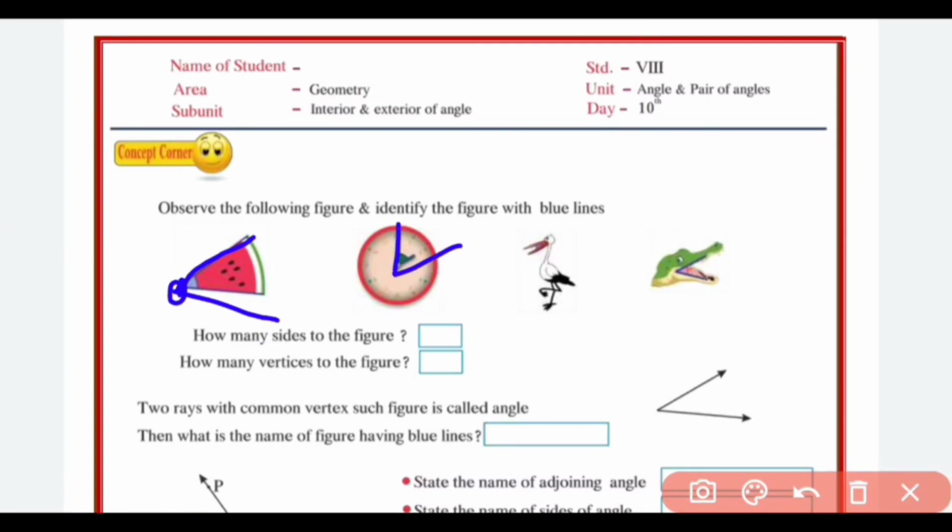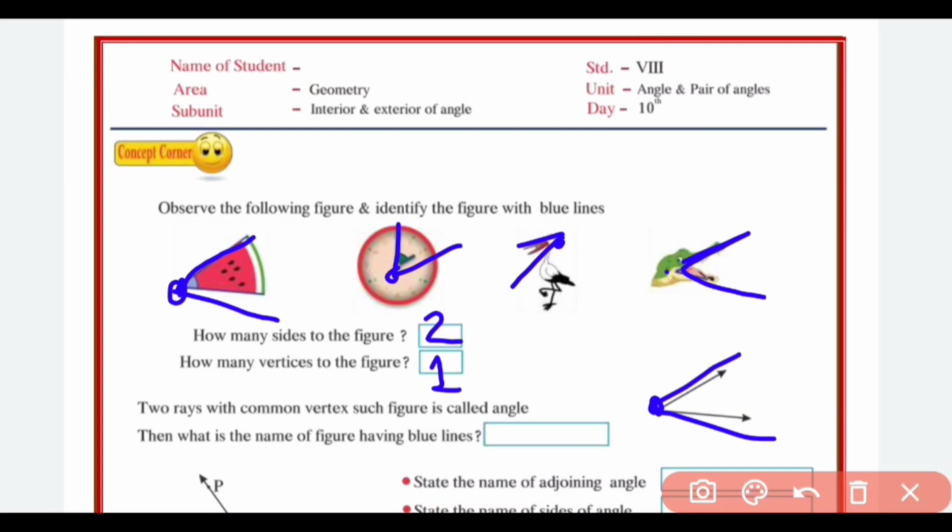One side, two sides, and this is one vertex. In this way, two sides and one vertex. So the figure with two sides or two rays and one vertex is known as an angle.